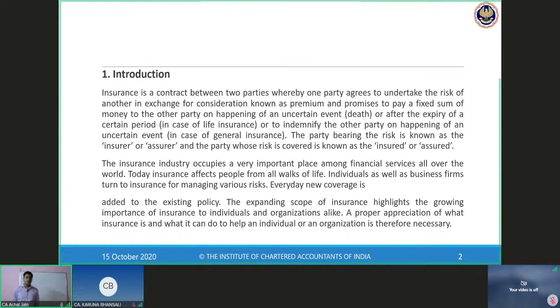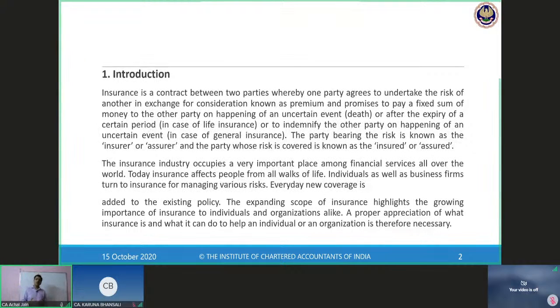In simple terms, we can say that if there are two parties, and one party, let's suppose, is at some risk. Say for example, I am at risk and I have a risk of losing my life, which can happen at any point of time, which is not in my control. Now this happening of this event, which is not in my control, is a risk to me.